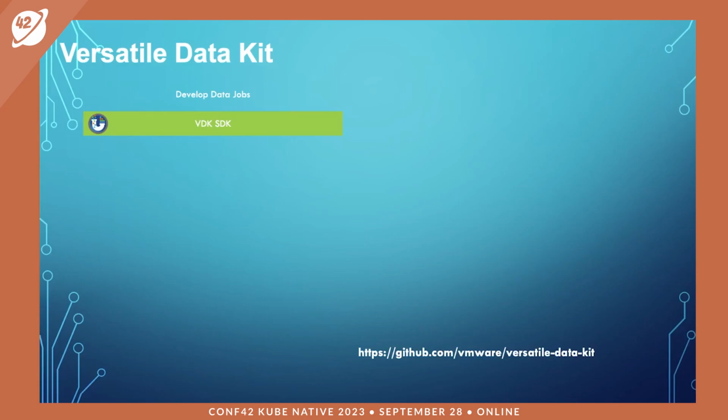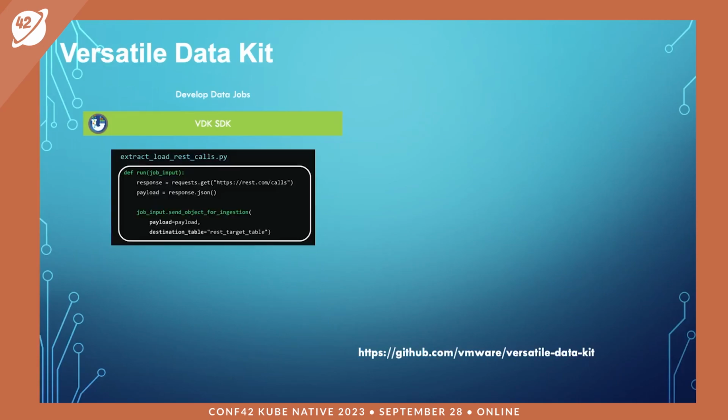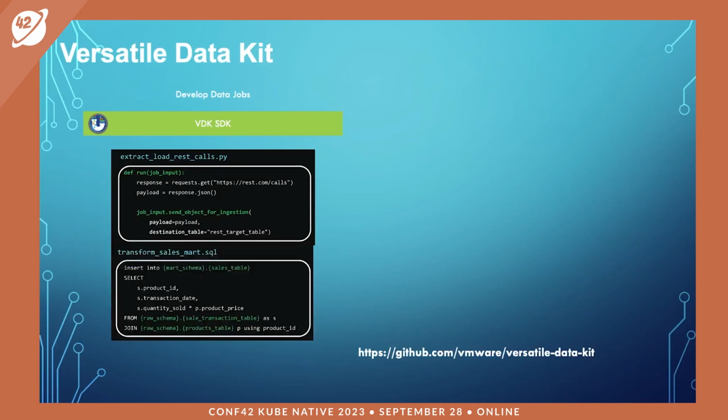One is the SDK or a framework, almost you can think of it as Spring for data, which allows you to develop data jobs using either Python, so you have some methods to extract and load data, or SQL. You can do things like parameterized transformations.